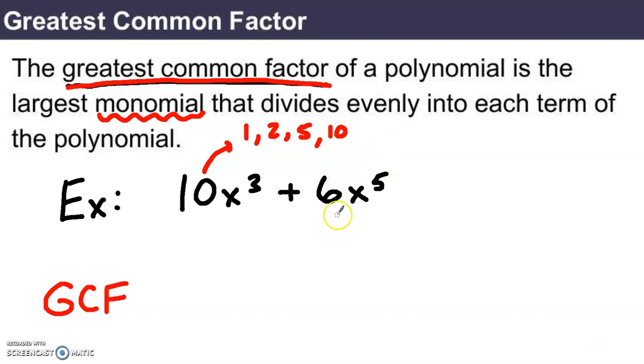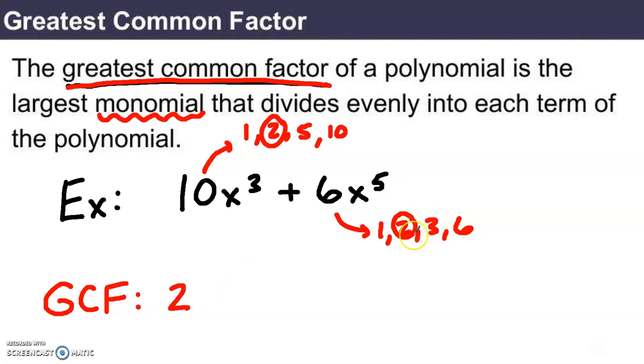But let me think about the same thing for 6. Let's see, 1 goes evenly into 6, and so does 2, and so does 3, and so does 6. So I'm looking for the biggest factor that's in both lists, and I think that's 2. So the coefficient of my greatest common factor is going to be 2.